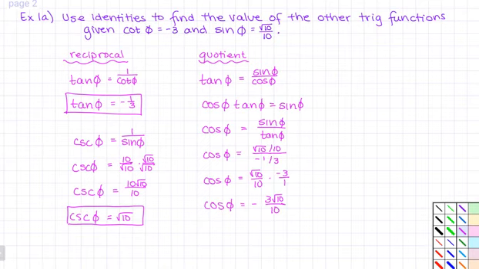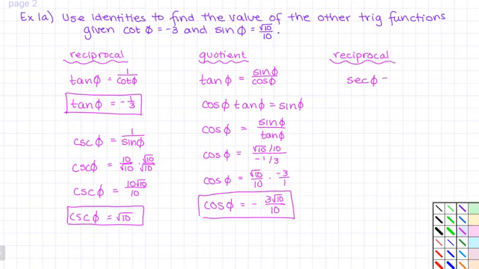Yay! And then finally we can go back to our reciprocal identities. And we know that secant is the reciprocal of cosine. So secant is negative 10 over 3 root 10. Oh, we should rationalize again.